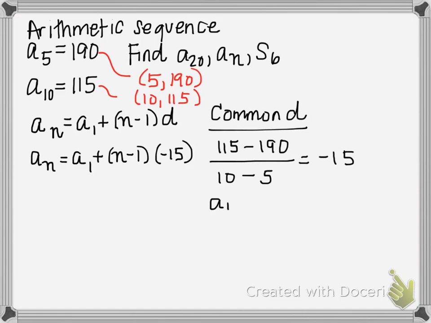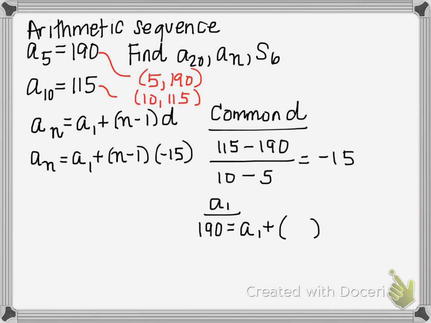So I'm going to find a sub 1 here, and I'm going to use some information that I've been given. I know that 190 is equal to whatever a sub 1 is plus n minus 1 times d.